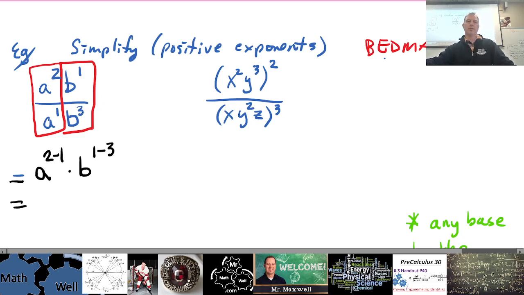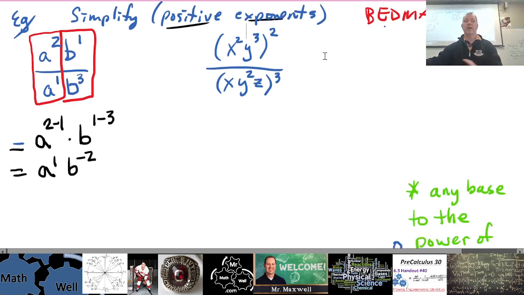Because I subtract exponents, the top one minus the bottom one. So this is a to the 1. This is b to the negative 2. Okay? So if I want positive exponents in my final answer, which is typically what simplified means, then I need to fix this one, right? So I'm going to write this as a, and we typically do not write the 1 as an exponent, so don't write the 1 as an exponent at the end, please. And this is b squared.